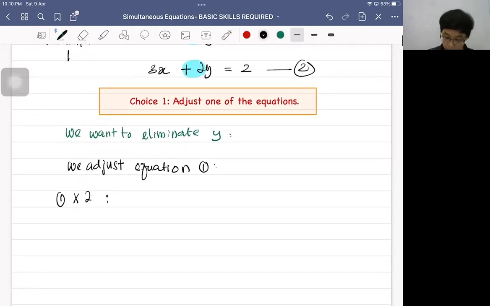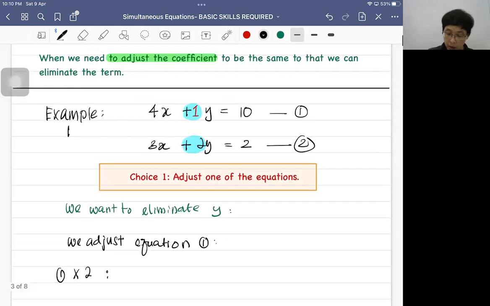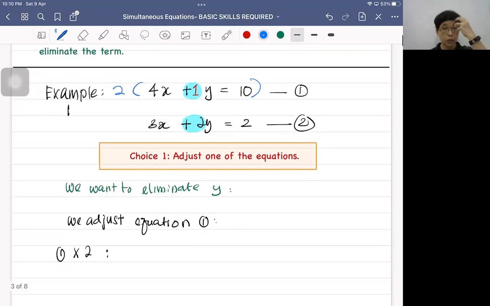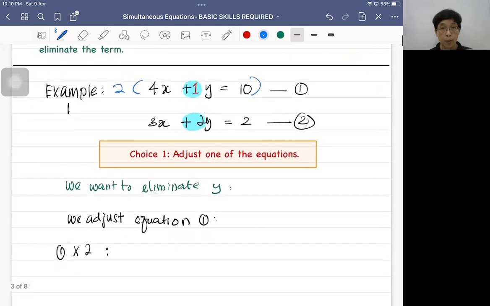If you're not familiar, you can actually just put a 2 here, easy for you to see. But if not, you can just work it out in your mind.